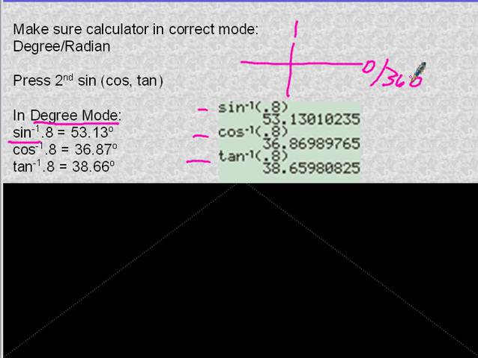In radian mode, it's going to be 0 to 2 pi, and if pi is 3.14, 2 times that is going to be 6 point, let's say 3.2. No, it's going to be less than 6.4. So if you're in radian mode and you get something bigger than 6.4, you probably guess you're not in radian mode. So that would be one way to check things.